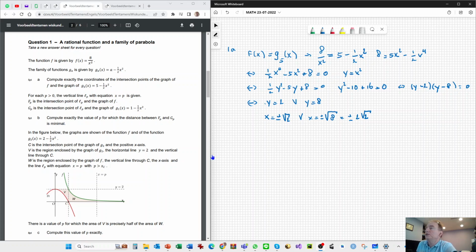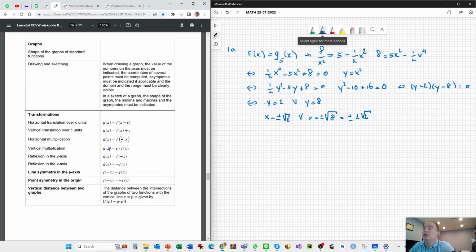So what do we need to do? Well, there is a note in the materials about the vertical distance between two graphs, and that's the absolute value of the difference of the two functions.